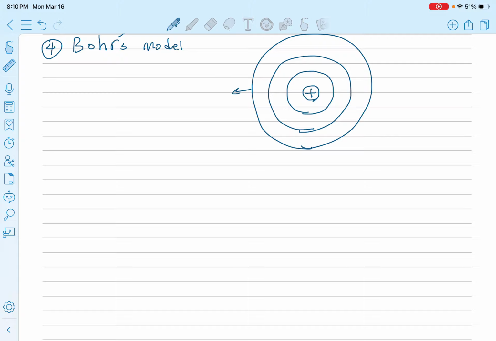These are energy levels, or stationary states. Later, again in grade 12, we expand this concept.